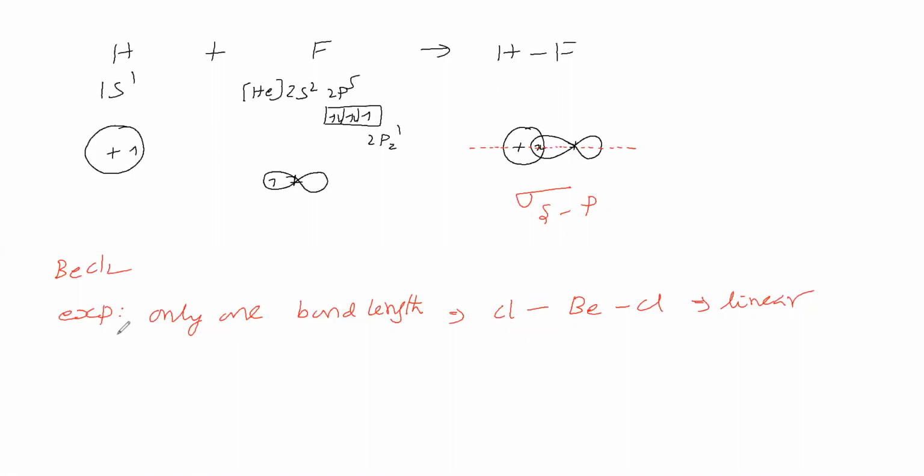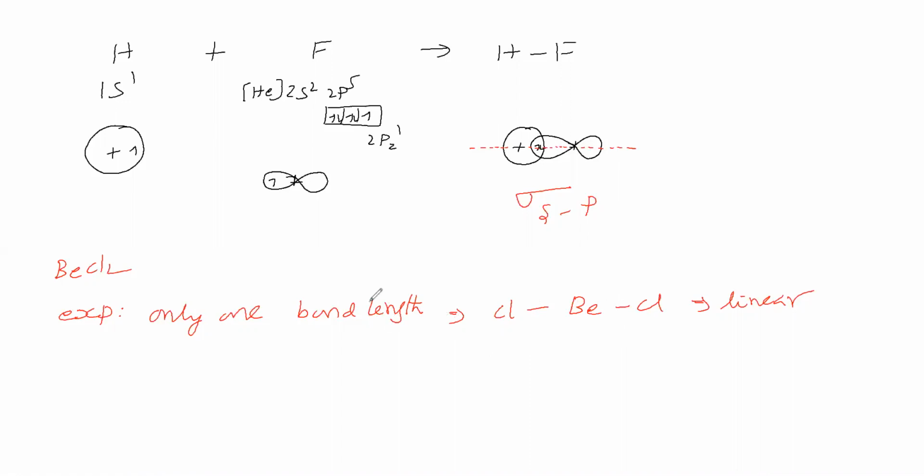So as per the experimental result, these two bonds have the same nature, and therefore the same bond length. Therefore, experimental analysis says beryllium chloride has only one bond length.